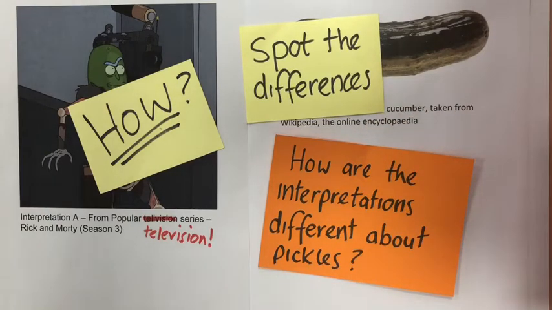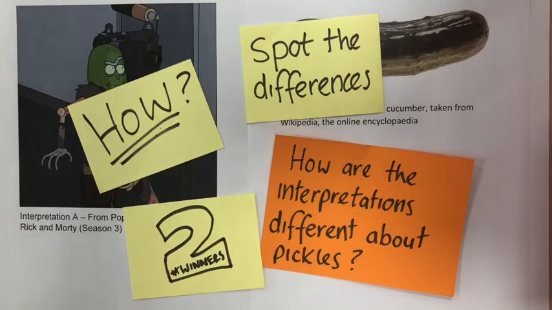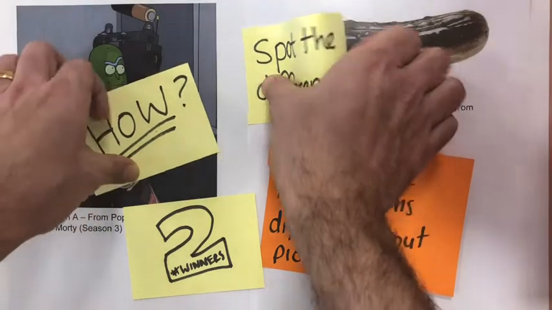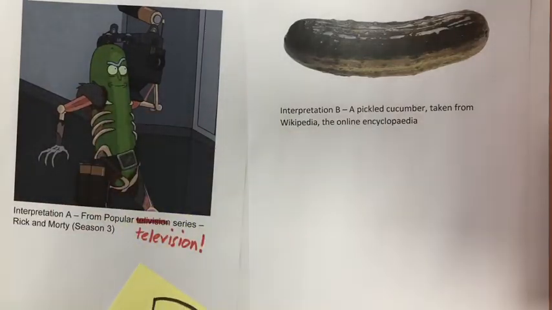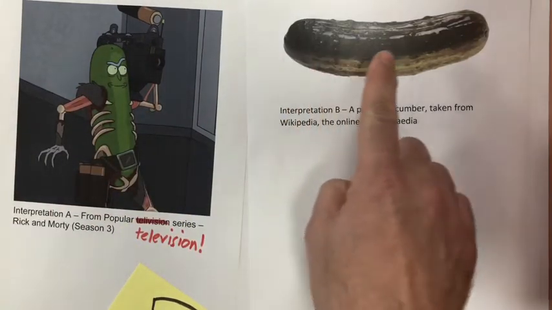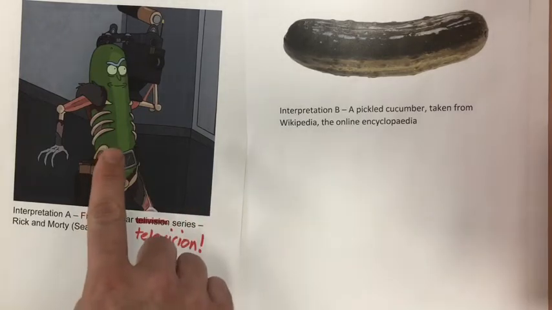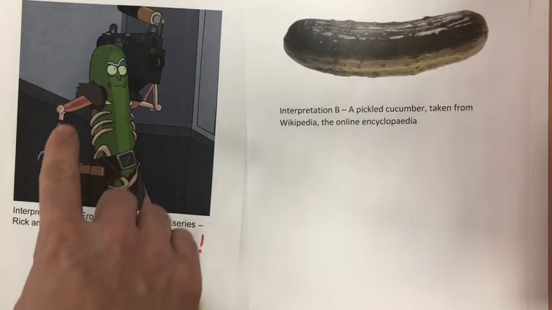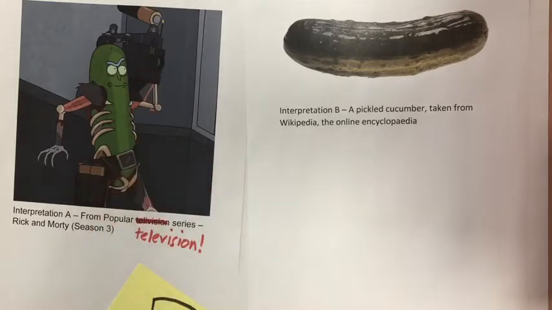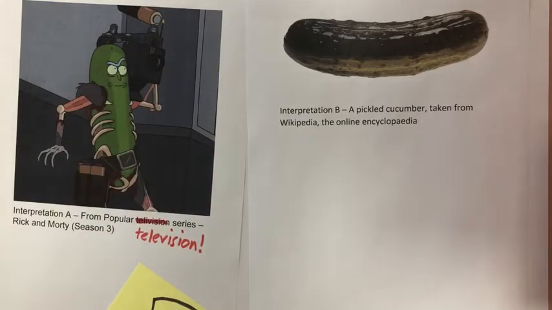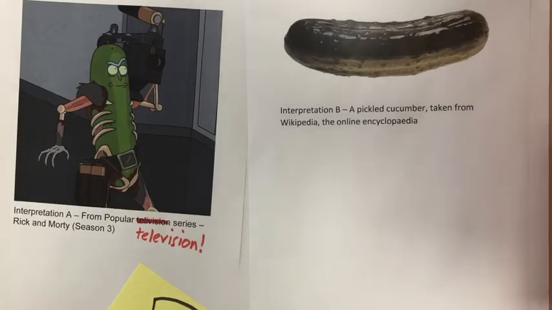And remember, we're looking for 2 differences between them. So, differences we may have spotted. 1, this shows a very normal shiny pickle. This one shows a pickle wearing some sort of rat with a battery-powered bazooka, rocket launcher, or something along those lines. That's how they're different.